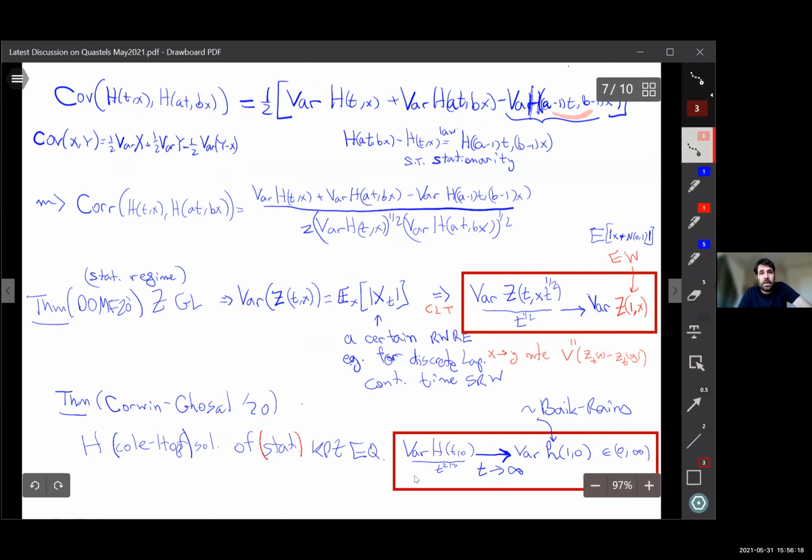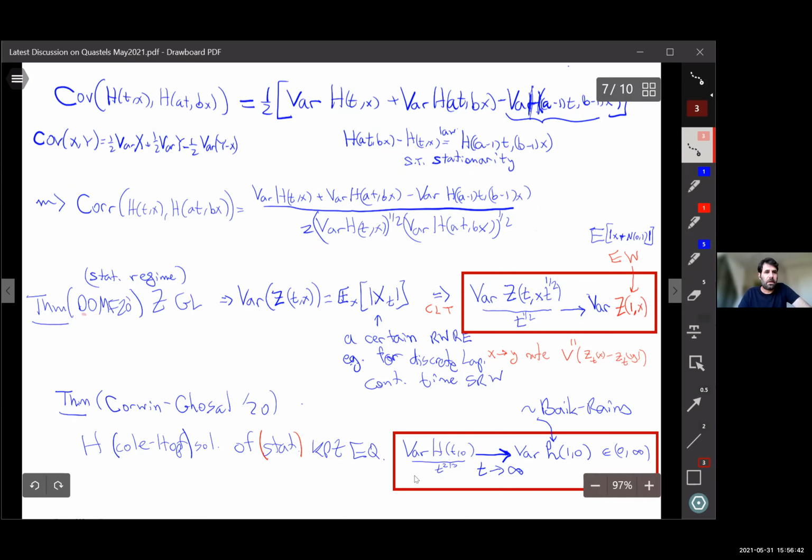The reason is that the increments are equal in law to the process evaluated on the space-time increment. That's the point. And when you have that and you want to compute the correlations of the process, you can write them down only in terms of variances.